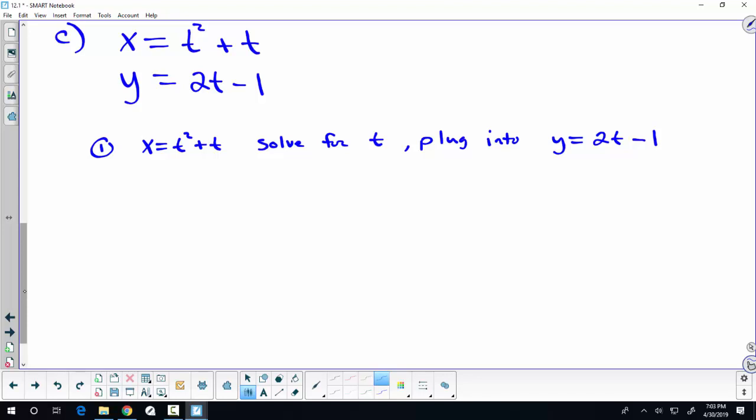How do we solve that for t? Yeah, for x equals t squared plus t. So notice if we factor it though, does that work to do that?